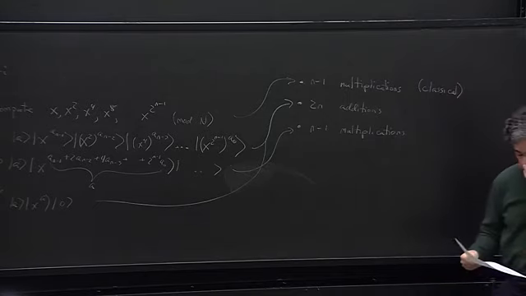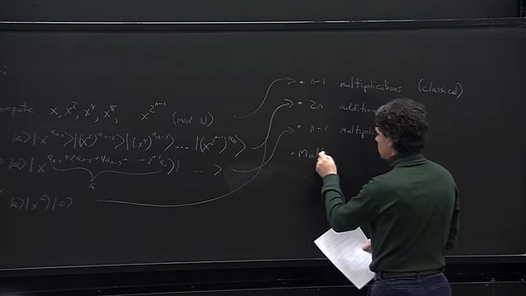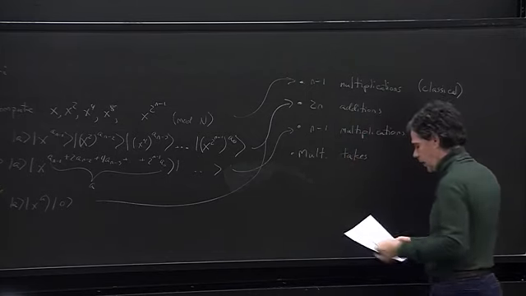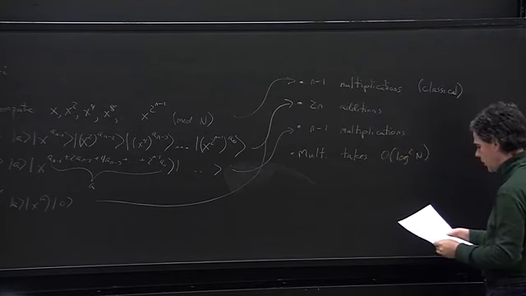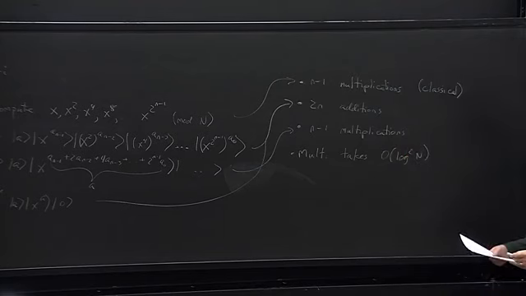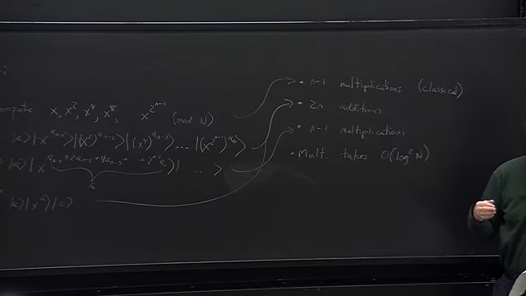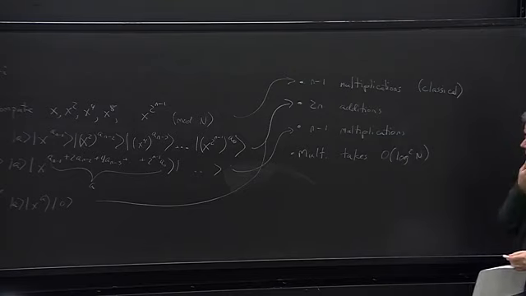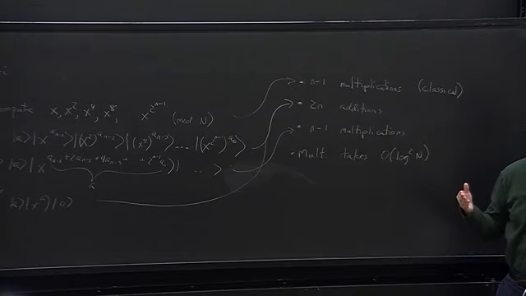And 2n additions. So how long do these things take? So multiplication takes O of log squared n steps. And you can reduce this if you're clever. There's fast multiplication algorithms known. But let me just start with this. And addition is easier than that. It's going to take order log n time, I think. It's the carries that make it a little more complicated.